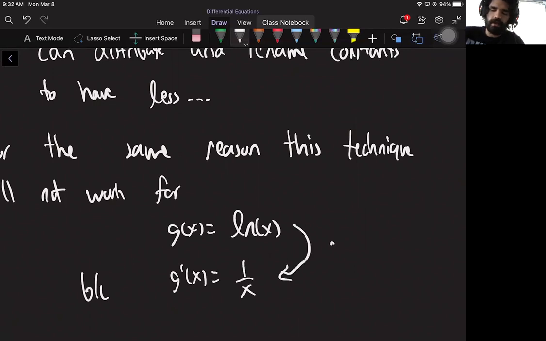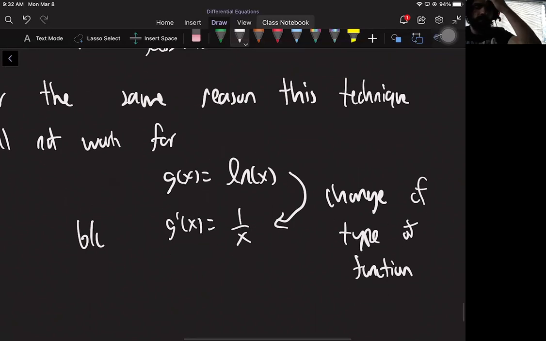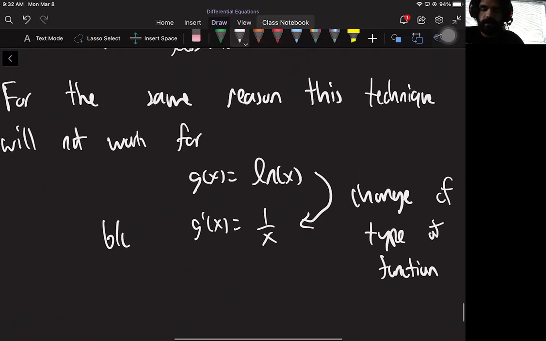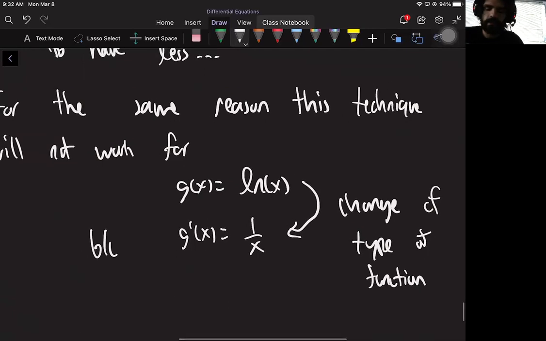And so the idea is that it's too different. It's a change of type of function. The other functions are nice because when you take their derivatives, you get the same type of thing. But the derivative of a log changes the type completely. So this technique will not work for things like this, just to be clear.